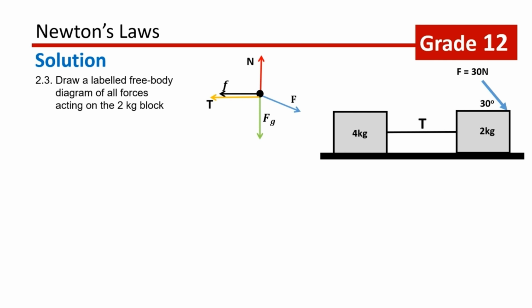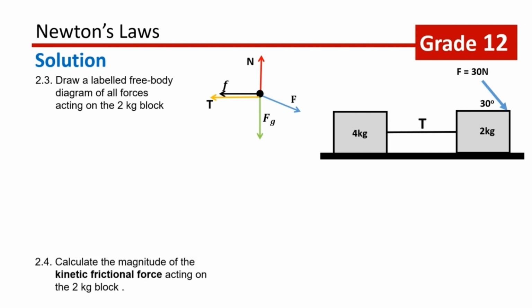So we get our free body diagram as shown with 5 forces: normal force pointing up, frictional force pointing to the left, tension to the left, and the gravitational force pointing down, and the applied force at an angle 30 degrees. That would give you 5 marks, 1 mark for each arrow.